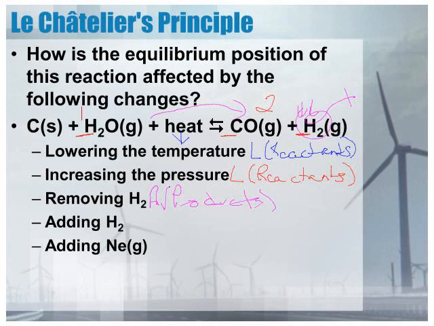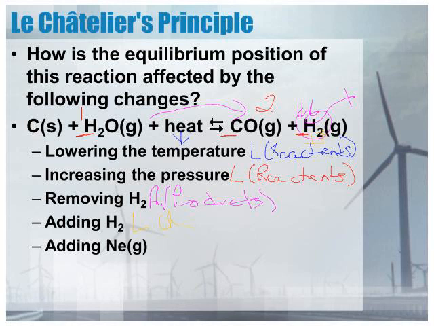And the opposite is true: if we add more hydrogen, then it's got to shift to the left, which is your reactant side, because as you add to your numerator, you've got to create more denominator, thinking back to those equilibrium problems.